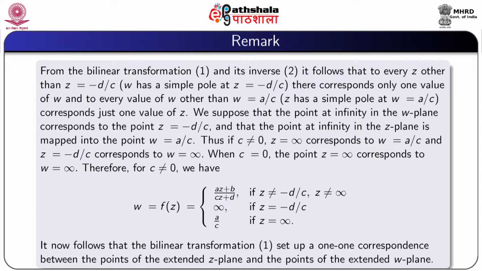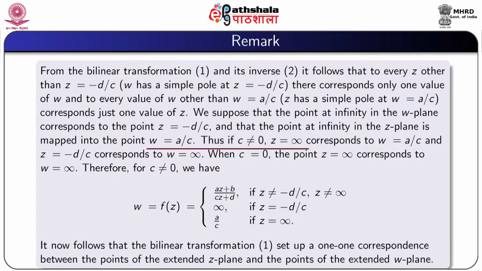We suppose that the point at infinity in the w plane corresponds to the point z = minus d/c, and that the point at infinity in the z plane is mapped into the point w = a/c.